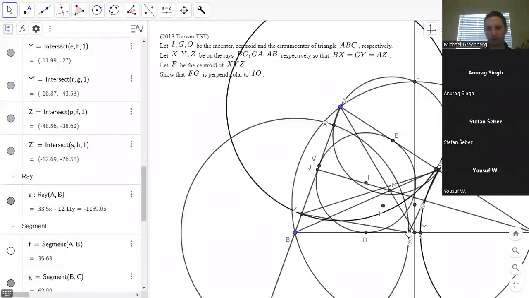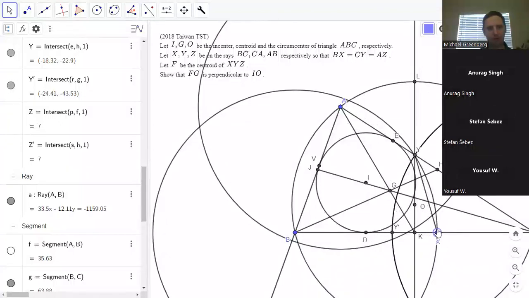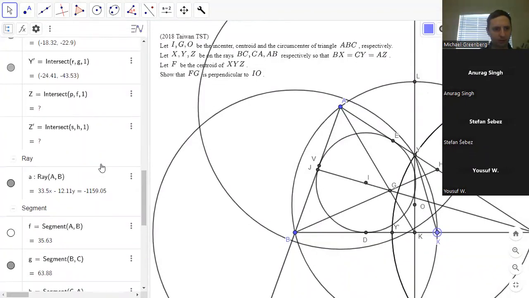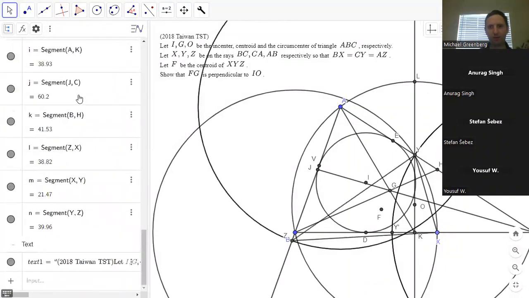So if I then, why didn't that work? So intersect P with, let's do P with A. There we go. I think that does it. All right.